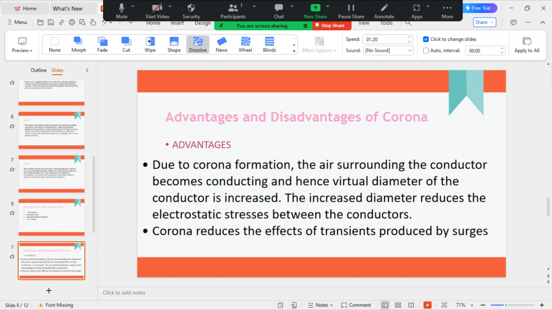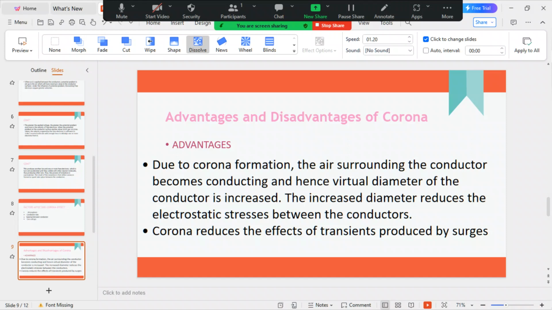So, the advantages and disadvantages of corona. We begin with advantages. Due to corona formation, the air surrounding the conductor becomes conducting, and hence the virtual diameter of the conductor is increased. The increased diameter reduces the electrostatic stresses between the conductors.